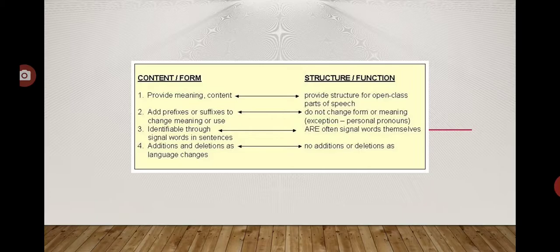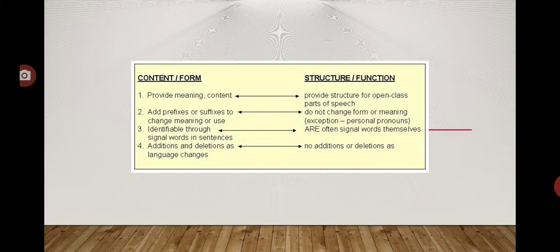I just read it, you can explain it later. Structure or function: provide structure for open class parts of speech, don't change meaning, no additions or deletions, are often signal words themselves. So here in these two sections, we see the content form and the structure or function class.